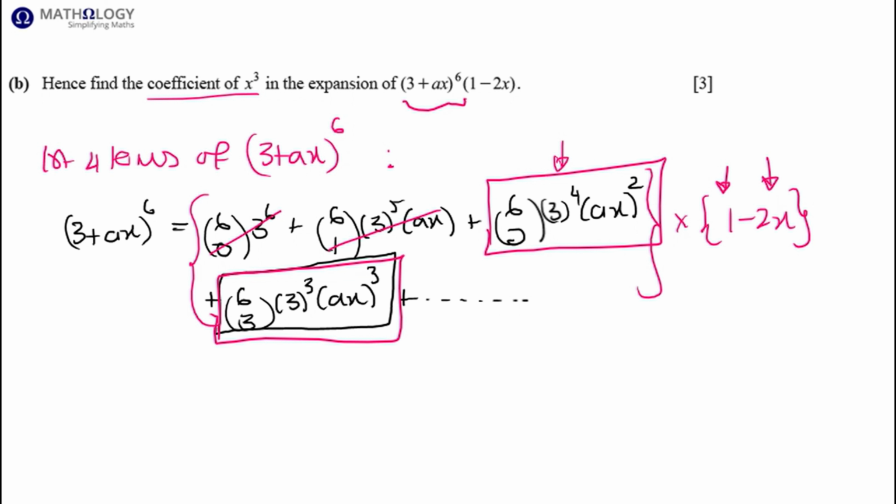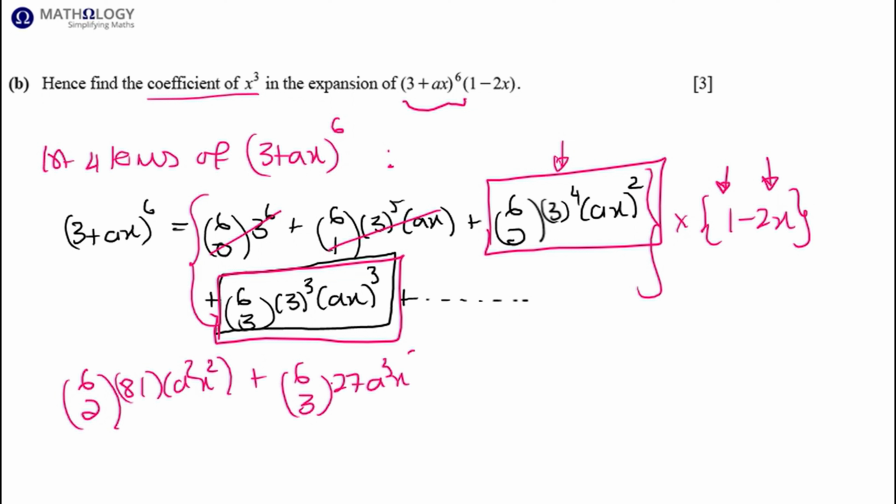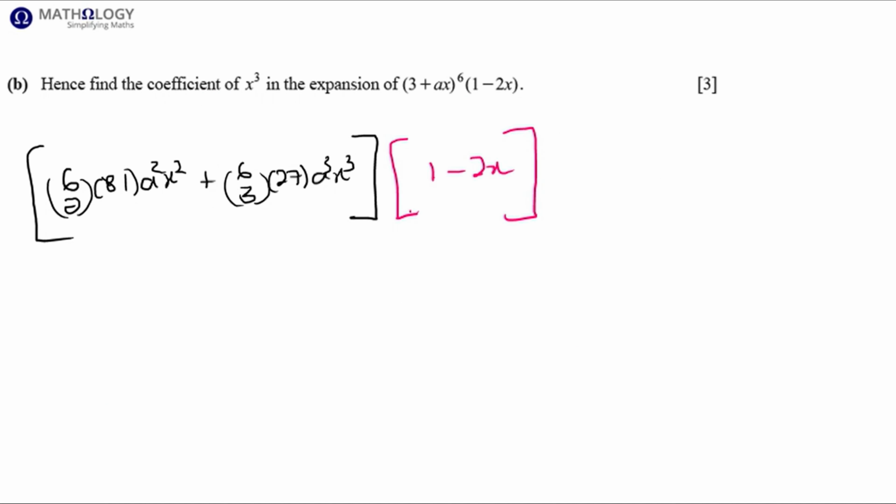So we're going to take these two terms here: 6 choose 2 times 3 to the 4, which is 81, times a squared x squared, plus 6 choose 3 times 27 a cubed x cubed, and we're going to multiply that by 1 minus 2x. Now all we're interested in here are the terms in x cubed.